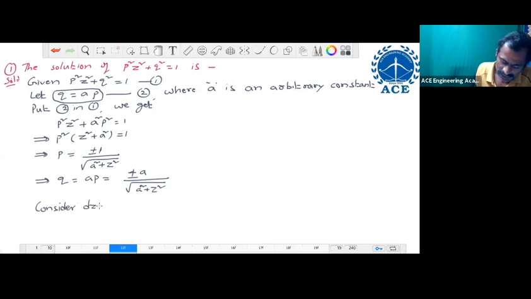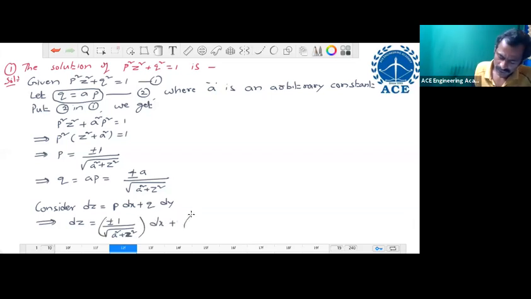Consider dz equal to p dx plus q dy, which implies dz equal to, in place of p, plus or minus 1 by under root of a square plus z square dx plus or minus a by under root of a square plus z square dy.